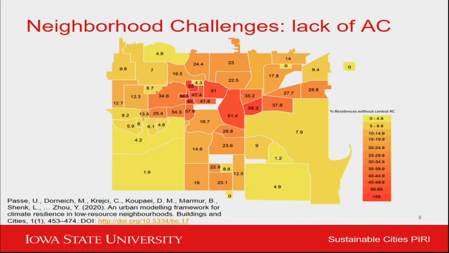Some might have some window units, but they're fairly ineffective. So that's a big challenge, and as other researchers have noted, those are low-income, vulnerable populations, often in the history of the so-called redlining in the US, which prevented maintenance and upgrades of these buildings.